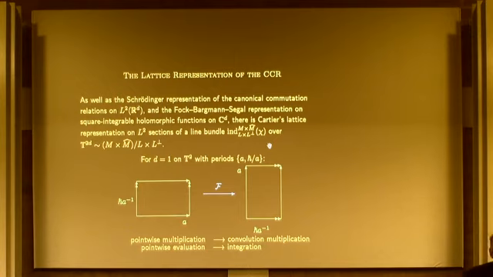And you can flip those around with a sort of Fourier transform. That has the advantage that it turns pointwise multiplications into convolutions and pointwise evaluations into integrations, or the other way around, depending which way you do it. Well, actually, that's a slight exaggeration of what happens in detail, but that's the sort of idea.